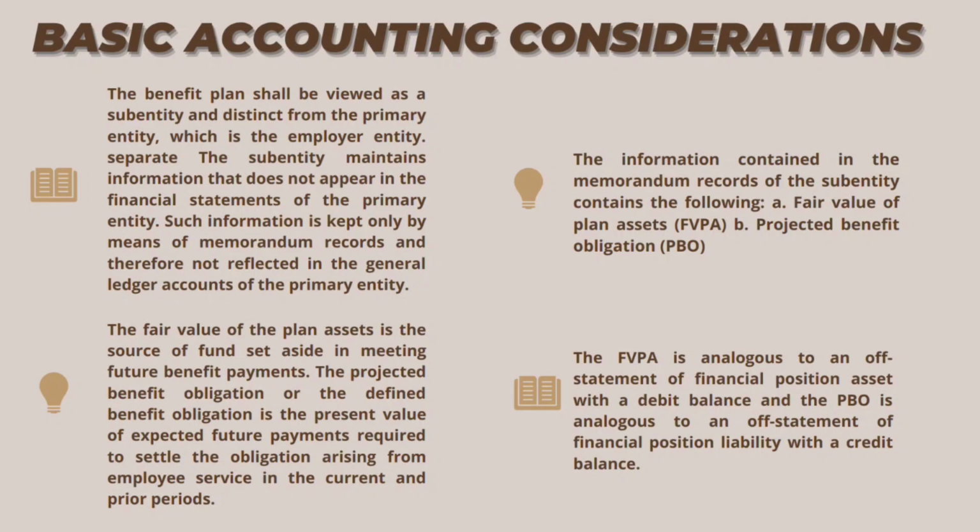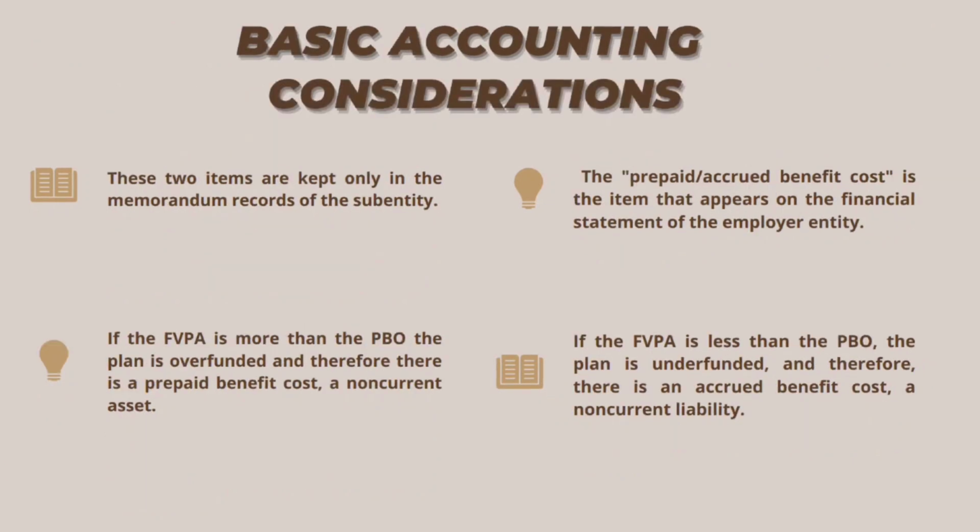The FVPA is analogous to an off-statement of financial position asset with a debit balance, and the PBO is analogous to an off-statement of financial position liability with a credit balance. These two items are kept only in the memorandum records of the sub-entity.